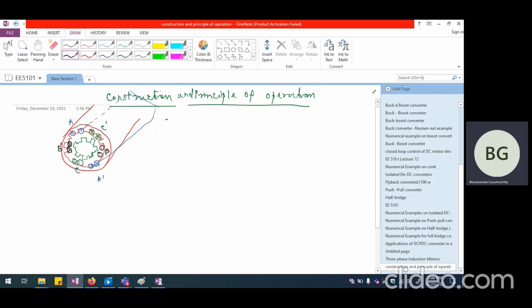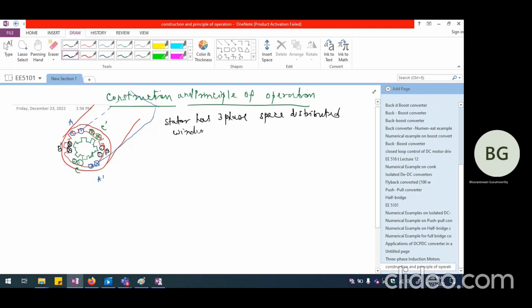So the stator has three-phase distributed winding. And the rotor is going to have also three-phase winding.